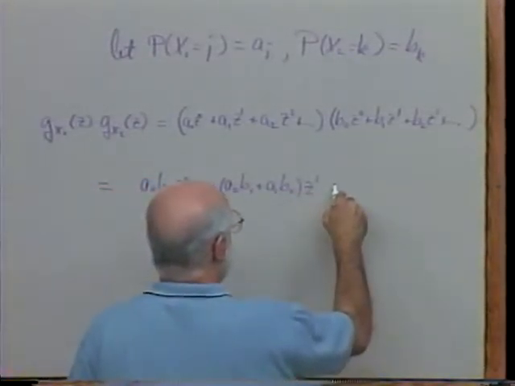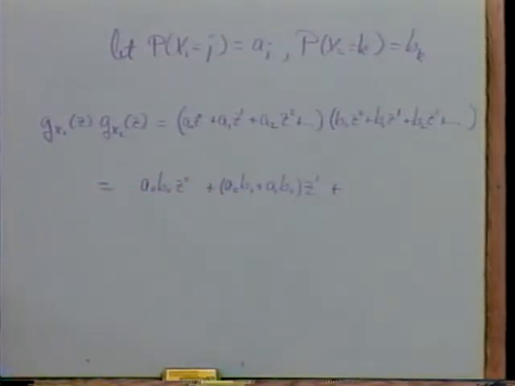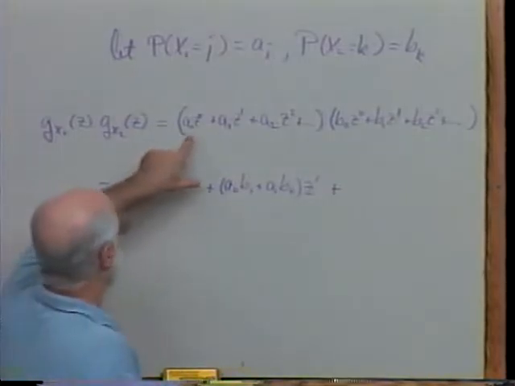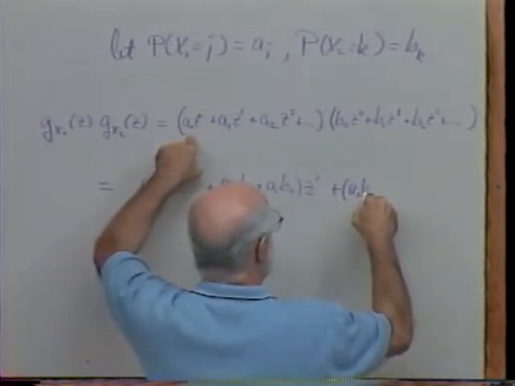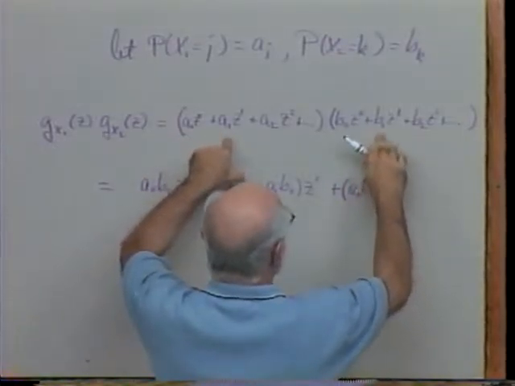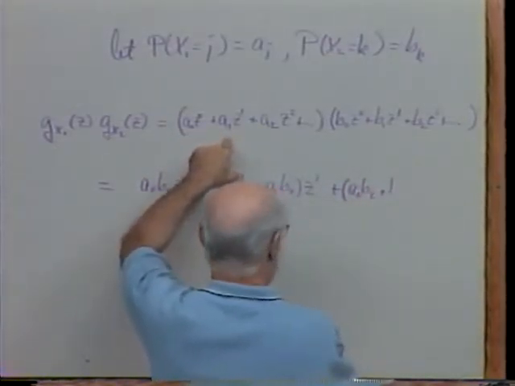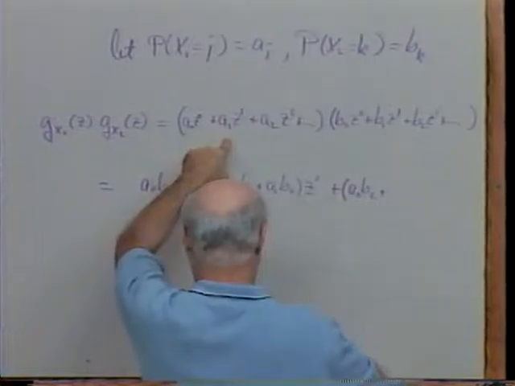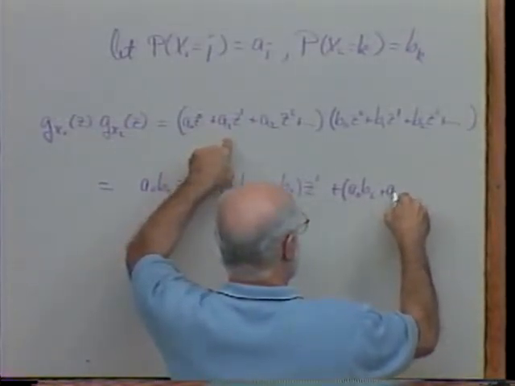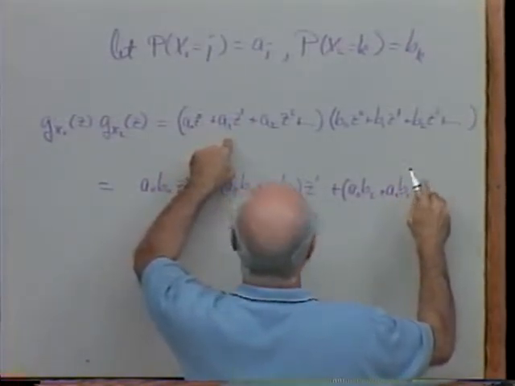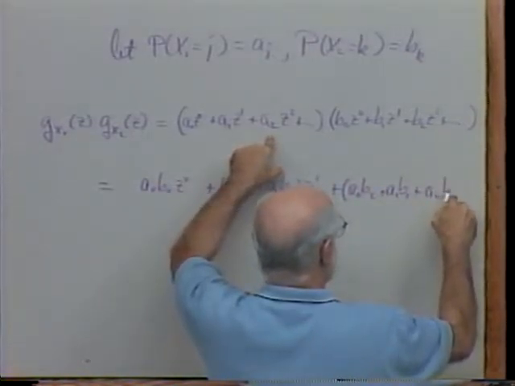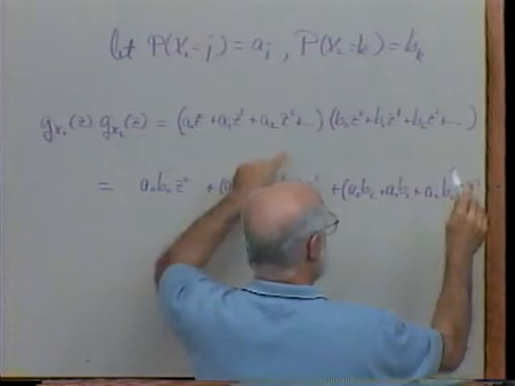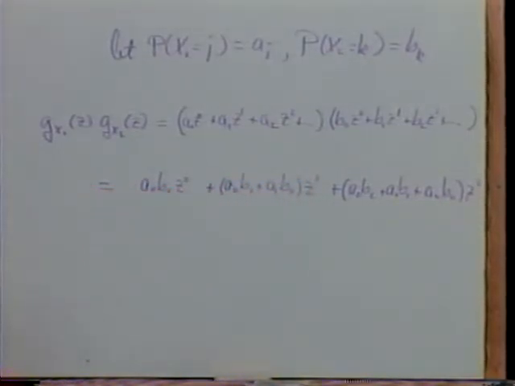What about all the terms that correspond to z to the 2? Well, a0 times b2 plus a1 times b1 plus a2 times b0, z to the 2, and so on.